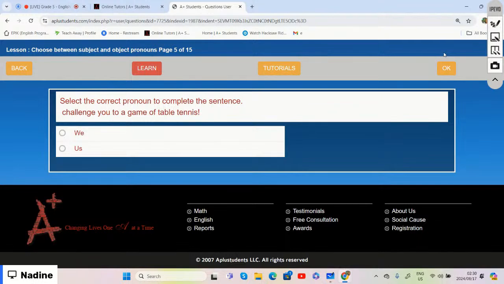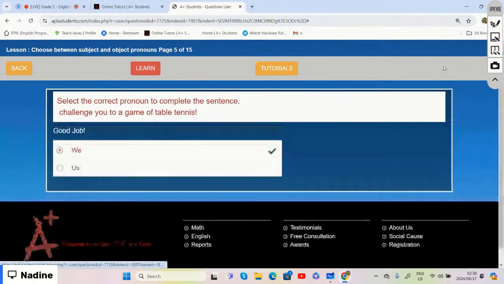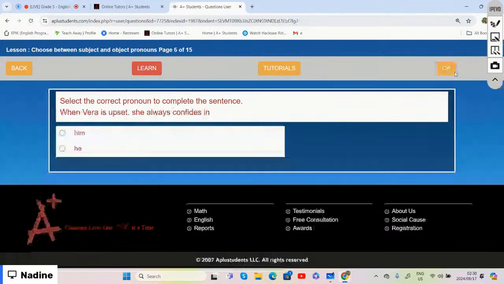All right, and if we were to select the correct pronoun, we will say, we challenge you to a game of table tennis, right? And we is correct. Well done.